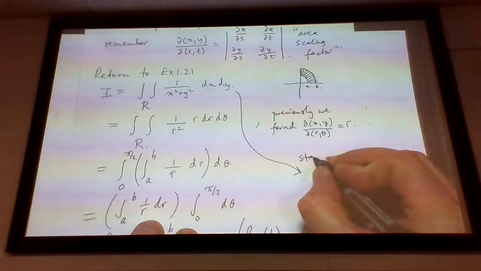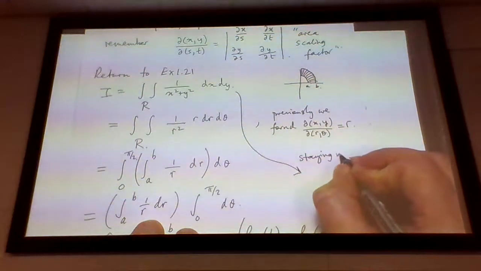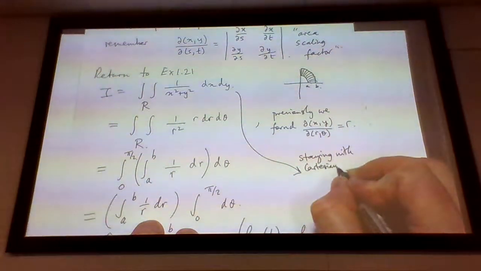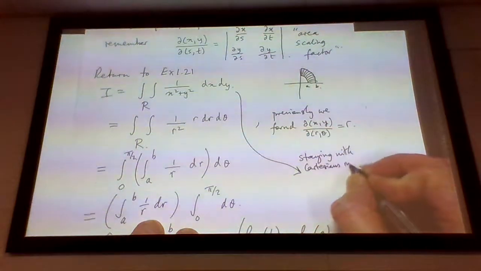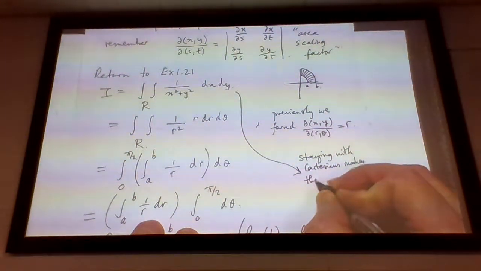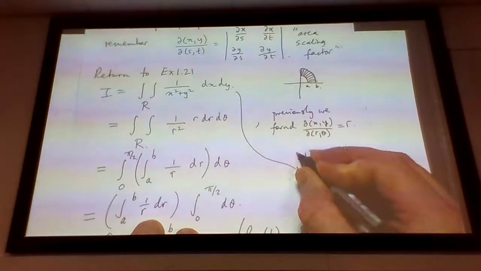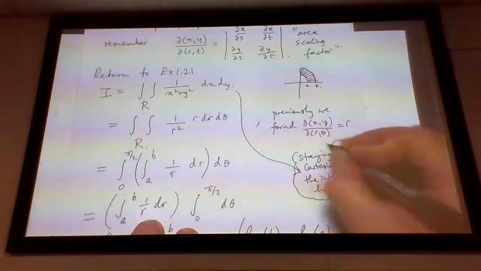So staying with the Cartesians makes the integral hard. It's worth trying to do it out just to see how much more difficult it is.